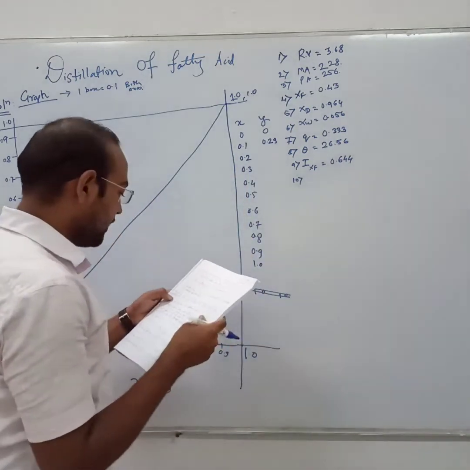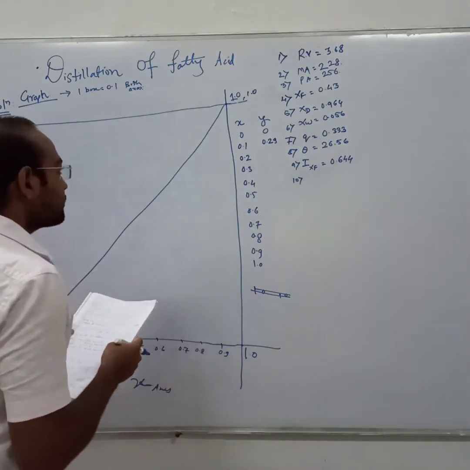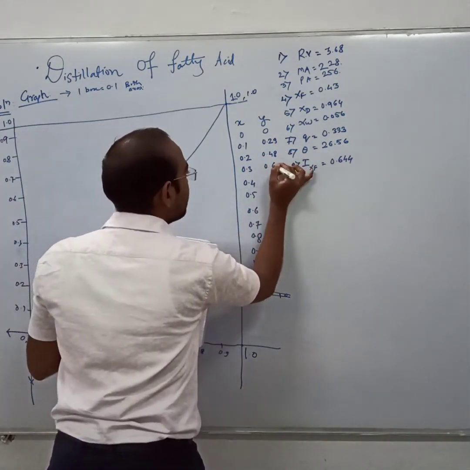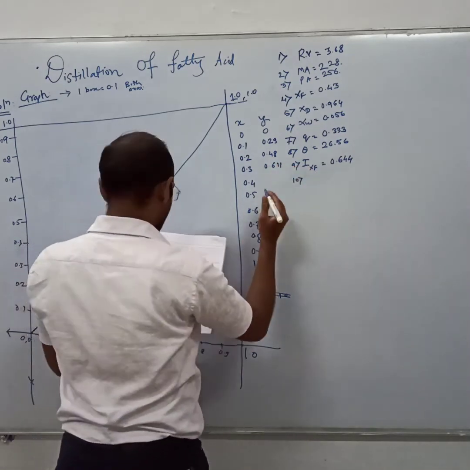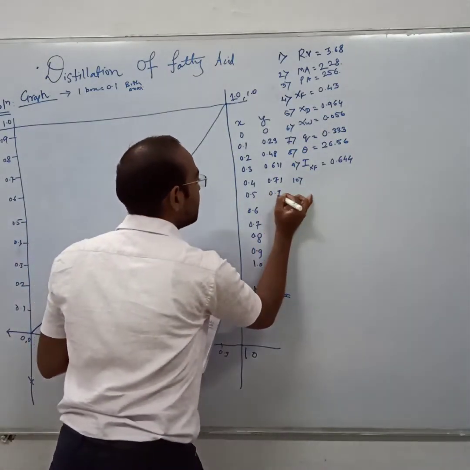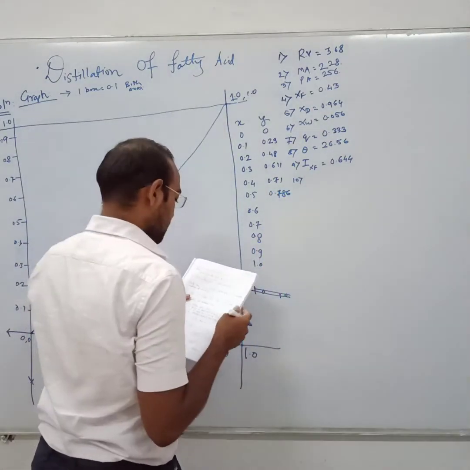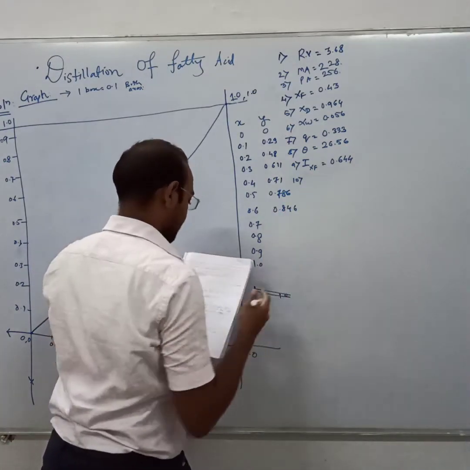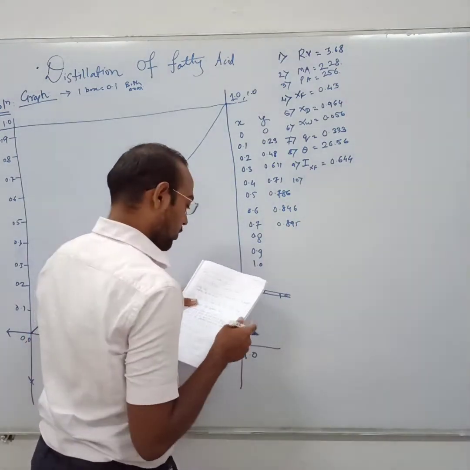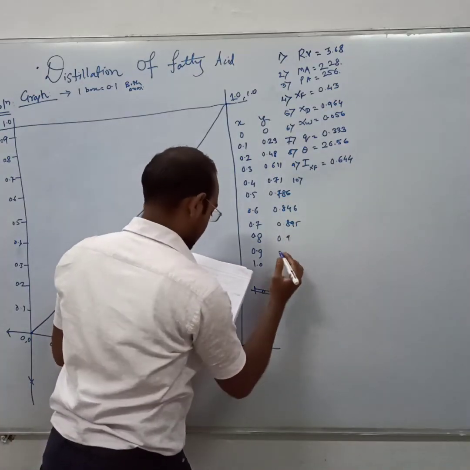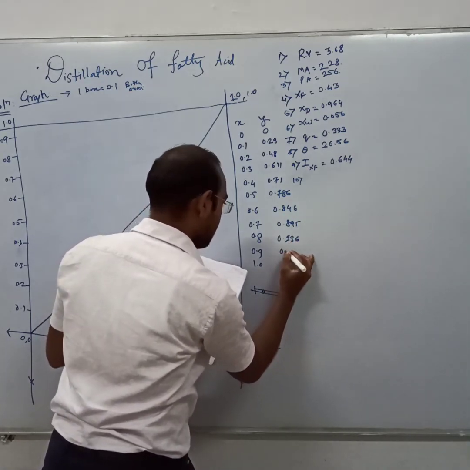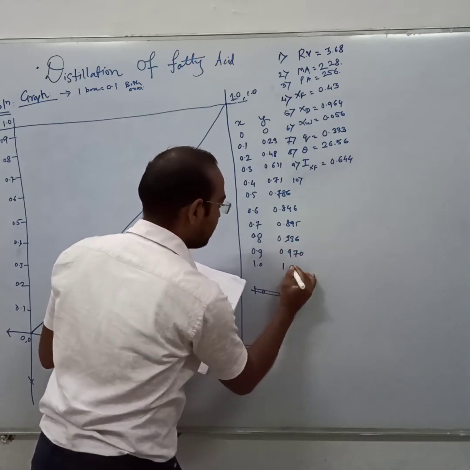So for x equals 0.1, y equals 0.29; 0.2, y equals 0.48; 0.3, 0.611; for 0.4 it's 0.71; for 0.5 it's 0.786; then 0.6 it's 0.846; for 0.7 it's 0.895; 0.8 it's 0.936; and 0.9 it's 0.970; and again for 1 it's 1.